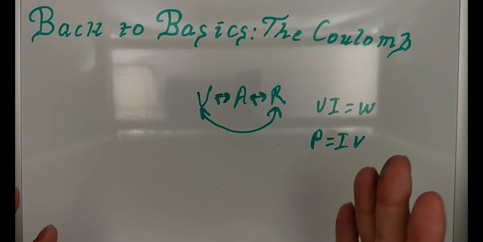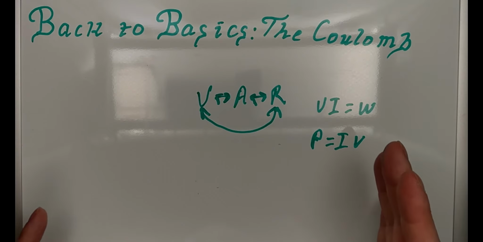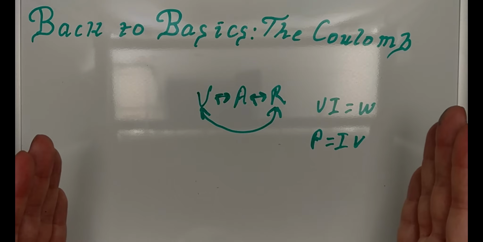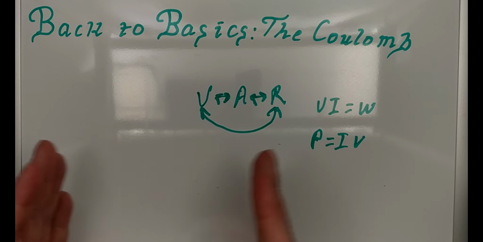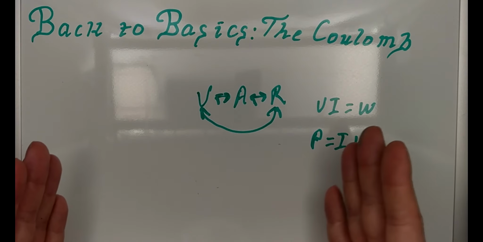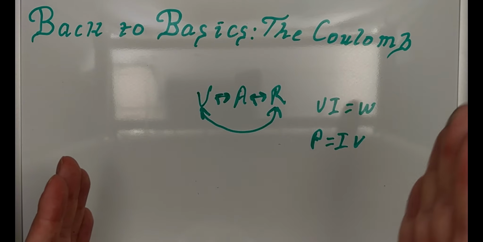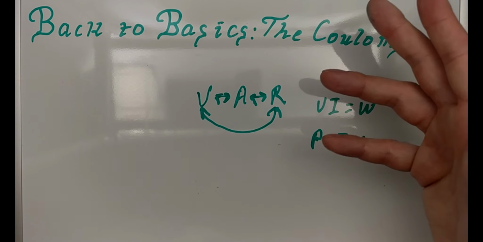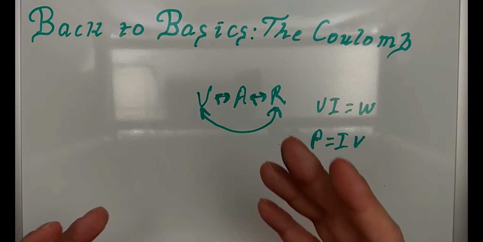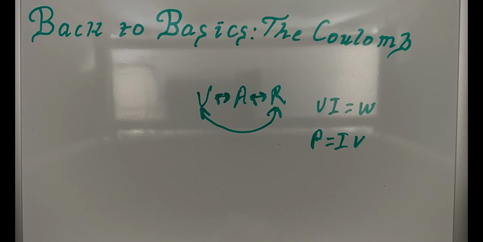I'll probably go into a little bit more detail about the Kibble balance or the watt balance when we talk about watts. But the Coulomb, because we can very accurately measure the electron flow into something if we really want to, that's what the Kibble balance does. It's very hard to do, but we can do it. We can then define the watt or the Coulomb very, very exactly, and then from there we can define the volt, the amp, and the ohm from that point, rather than using the circular logic that everybody uses now.